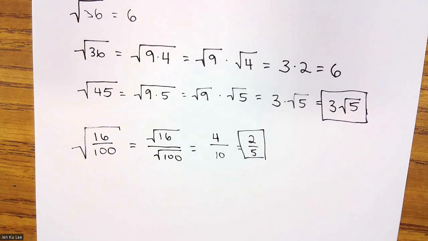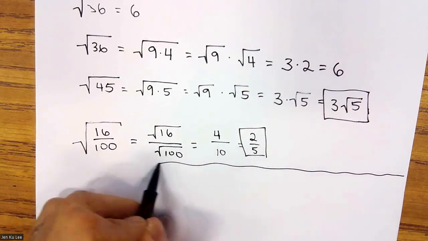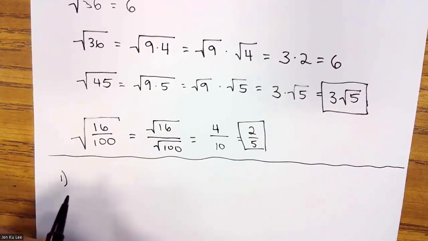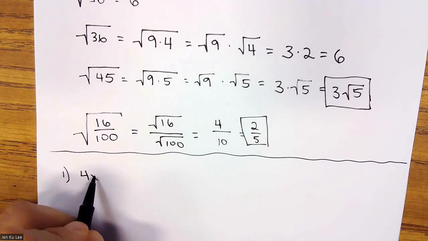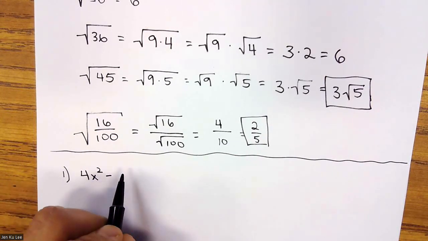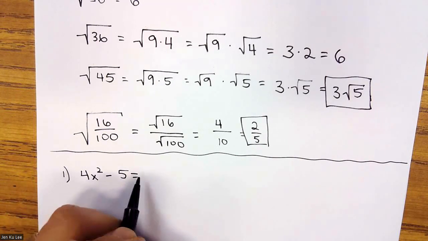So what we're going to do here is solve equations by using this skill. Okay? So your first example here is going to be 4x squared minus 5 equals 2.